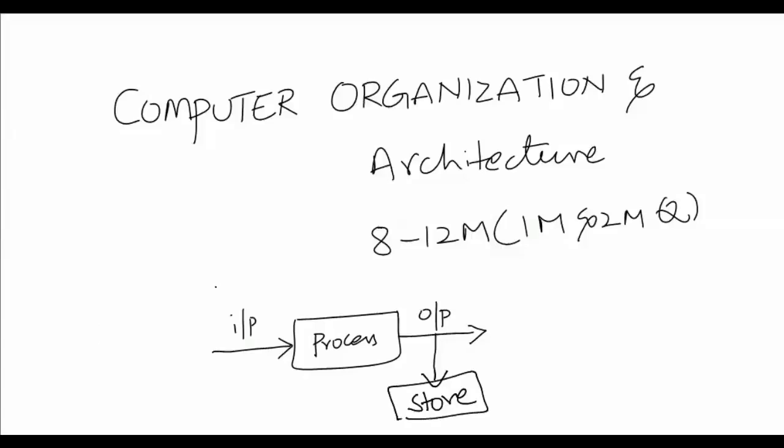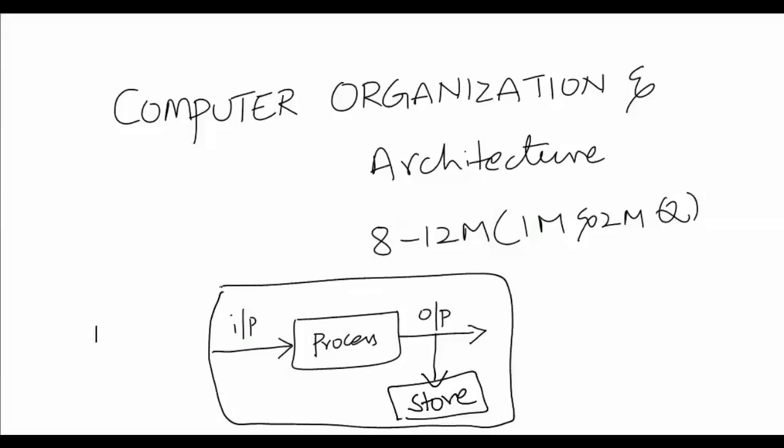So from this definition, these are the components of a computer, because it satisfies the definition of a computer. We can say there are three major parts of the computer.